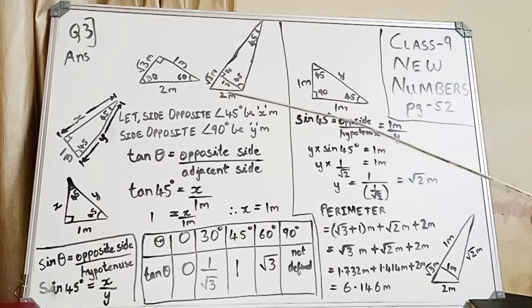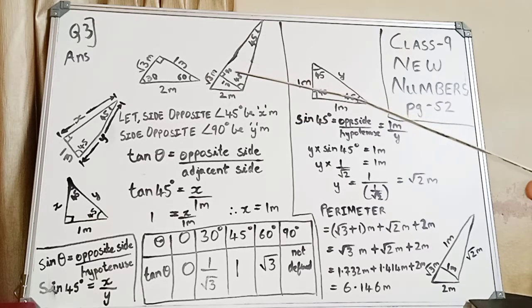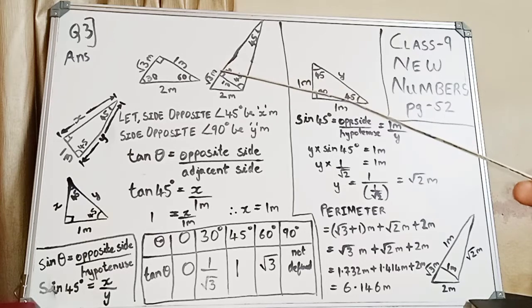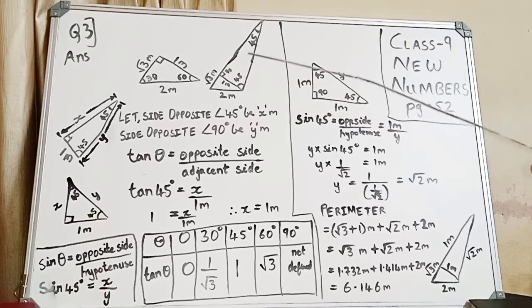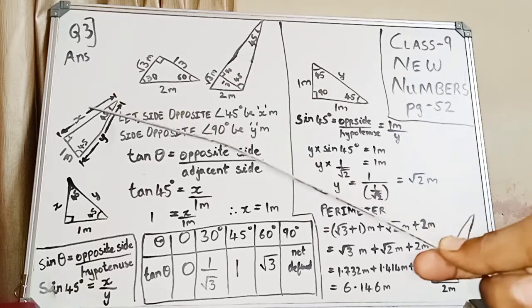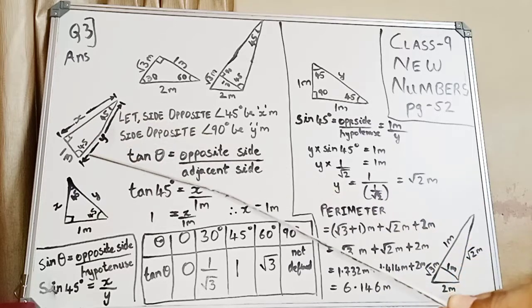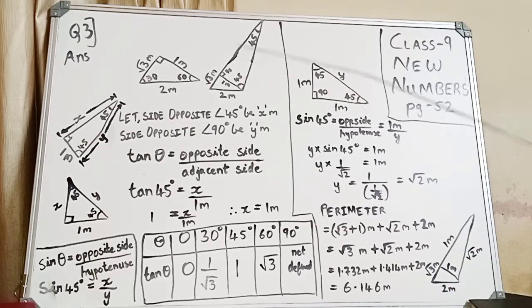But here the problem is that you have a larger triangle and there is 1 meter mentioned, but this side and this side have not been mentioned. That is represented by x. You can see x, and from here to here it is y. This is the same triangle I have separated over here.